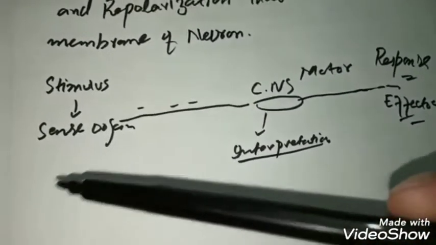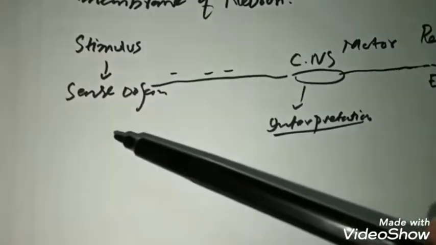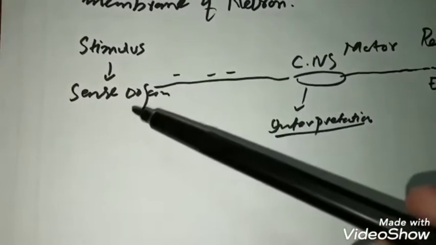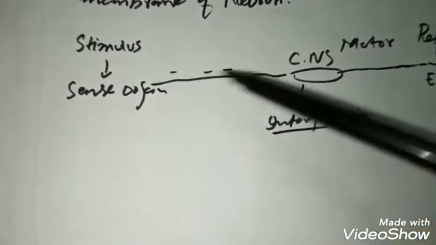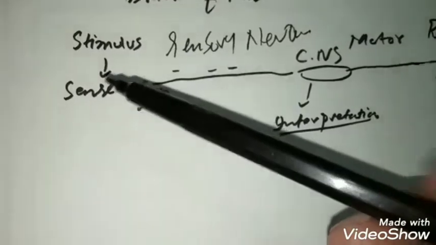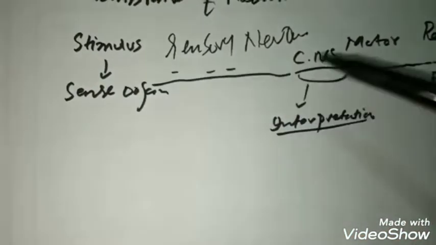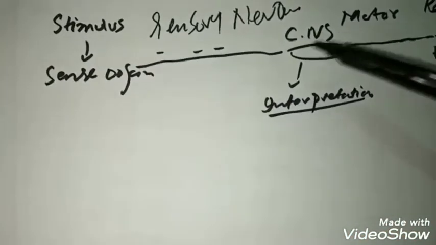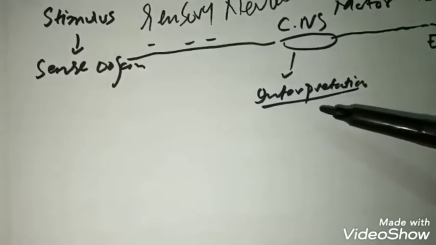And this is the working chart of the nervous system. A stimulus comes to the sense organs, and this is carried to the nervous system by sensory neurons. From this you can learn the definition of sensory neurons: sensory neurons are the neurons which take impulses from sense organs to the central nervous system, brain and spinal cord. There the interpretation takes place.